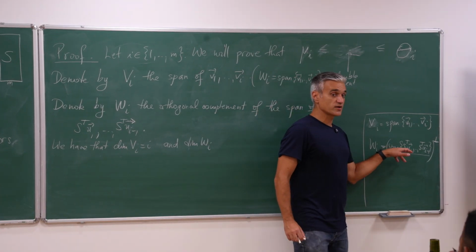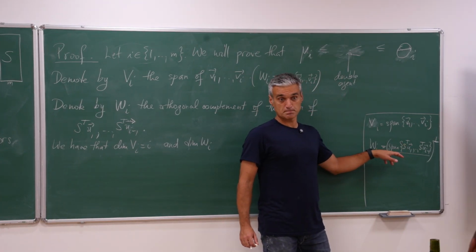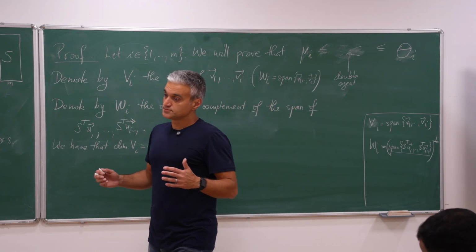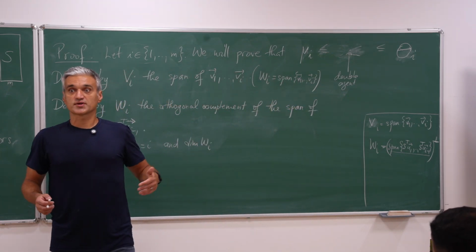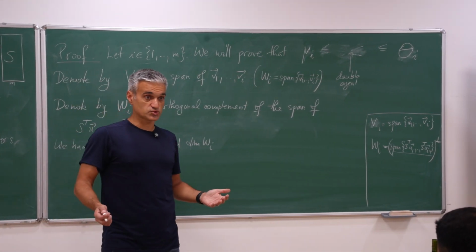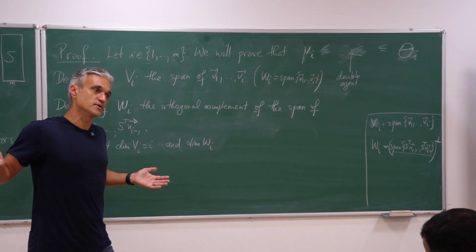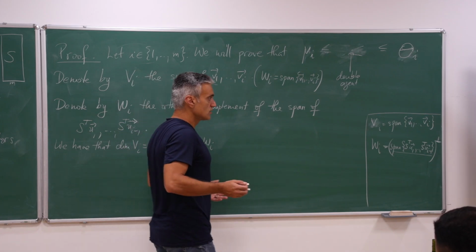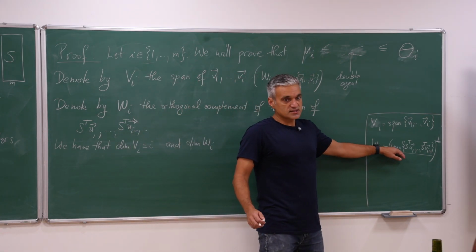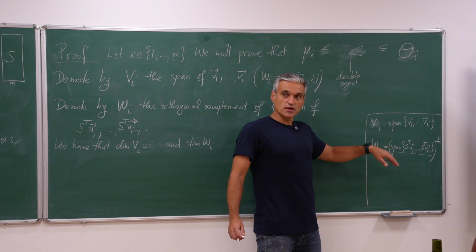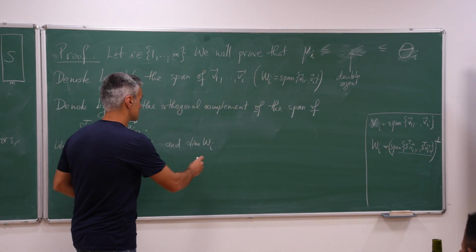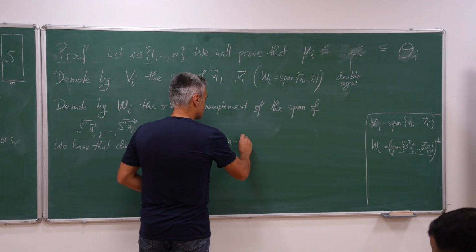How many vectors do I have here? i minus 1. So the dimension of that span is less than or equal to i minus 1. Then the dimension of the orthogonal complement must be at least n minus i plus 1.